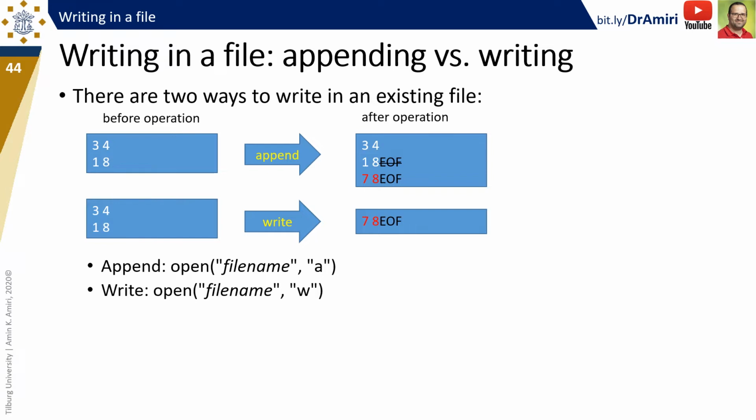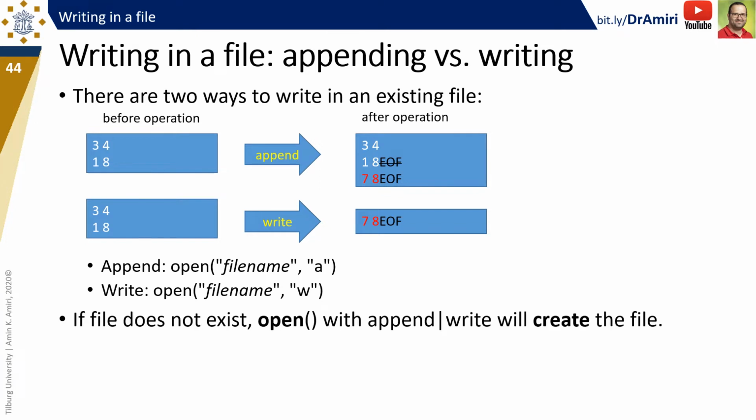As you can see in the method, if you want to open the file using the append mode, then you need to provide string A as the second argument. If you want to open the file in the write mode, then you need to provide W as the second argument. Note that if a file does not exist, open, regardless of using string A or string W as the second argument, will create the file for you.